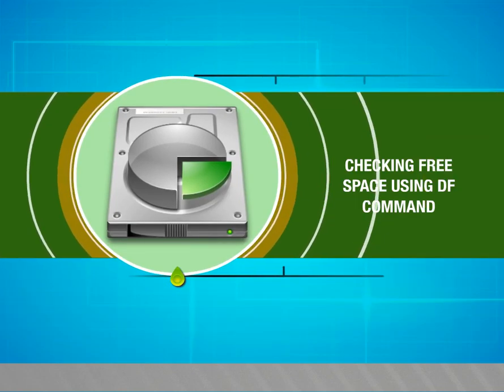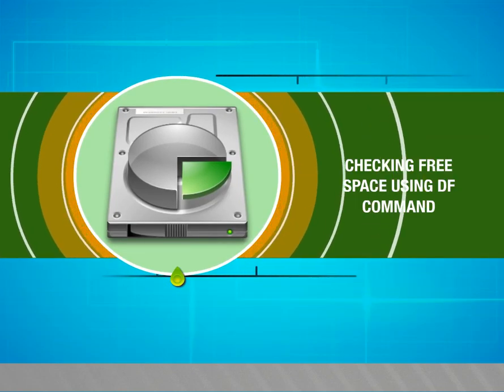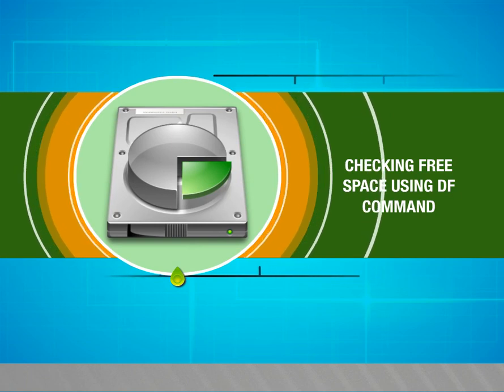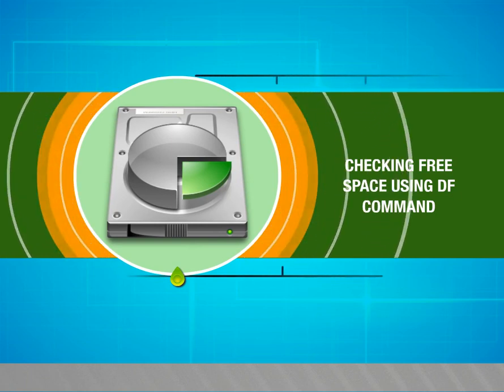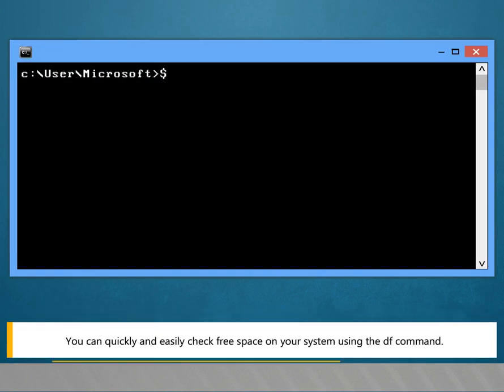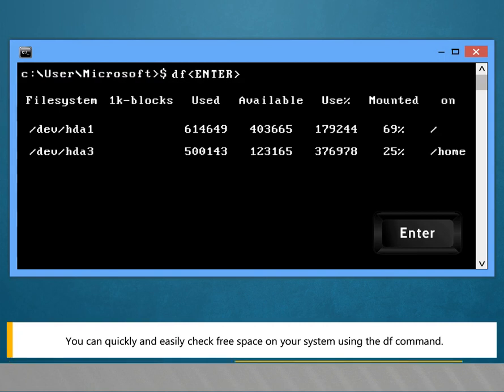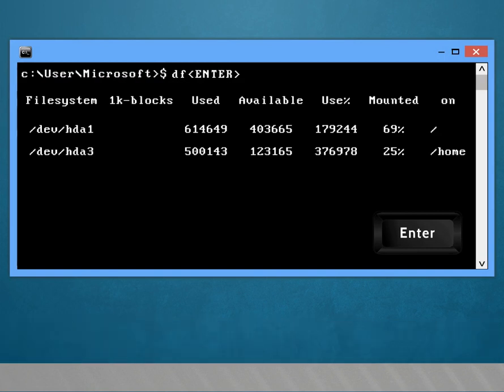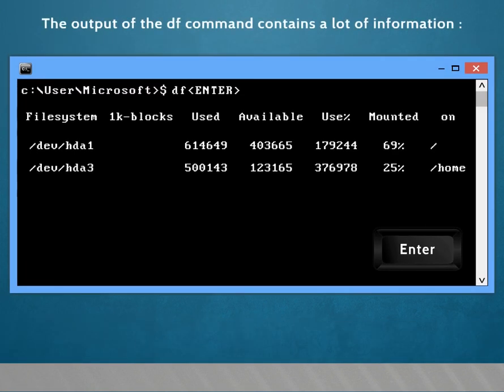Checking free space using the df command. In this video, we are going to see about checking free space using the df command. You can quickly and easily check free space on your system using the df command. The output of the df command contains a lot of information.